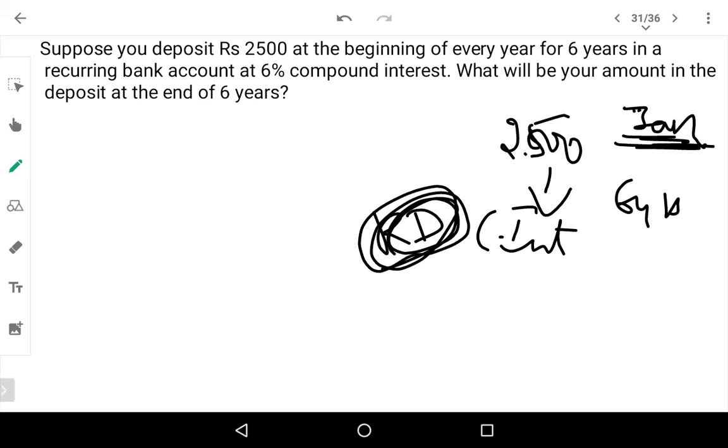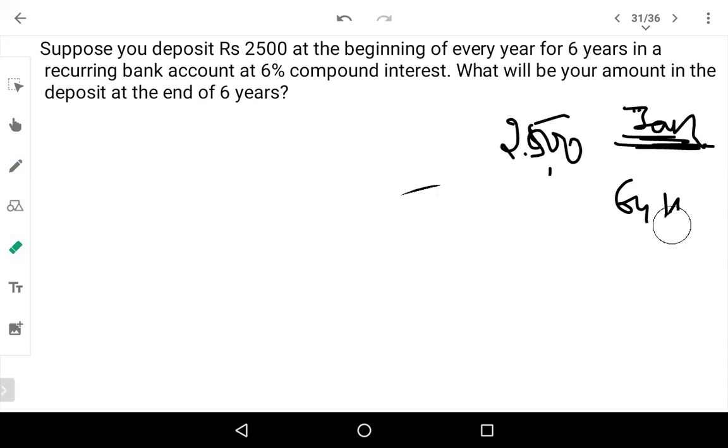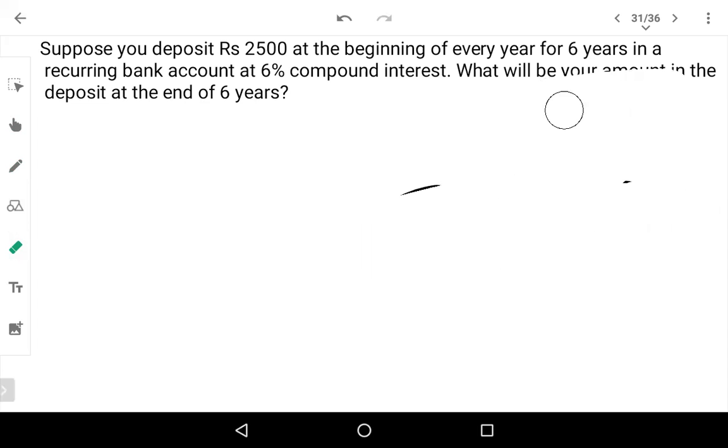So here, this recurring deposit is at 6% compound interest, and it has been paid for 6 years. So 6 long years the RD is being considered. Now, what are they asking us?